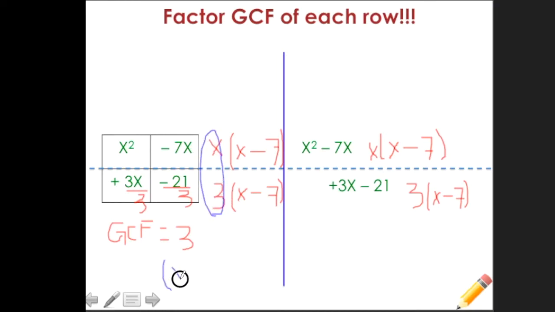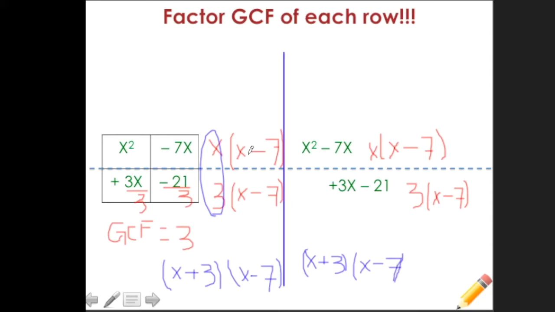So we know x plus 3 is part of the distribution problem, right? And they both have x minus 7. So x minus 7 is the second part of the distribution problem. Same process here, right? Plus 3 times x minus 7. Now that's exactly what the distribution problem was.